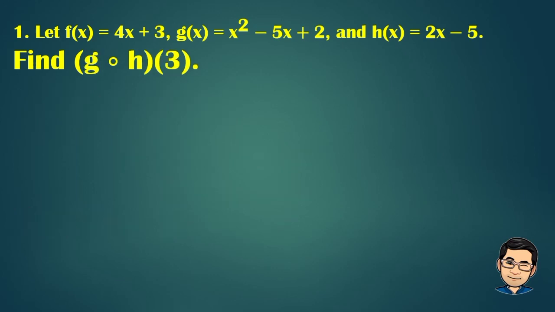So, for this example, ang gagawin po natin, isa-substitute po natin yung h of x dun sa g of x. After po natin ma-substitute yung h of x sa g of x, tsaka po natin isa-substitute yung value na 3. Okay, so paano po yun?